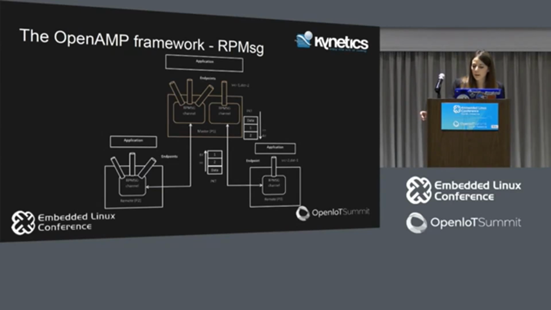From the higher level view, we have the rpmsg component design here. Each remote core in the rpmsg framework is represented as an rpmsg device and provides a communication channel through the master core. So the rpmsg device is also known as rpmsg channel, and it has an ID, which is a textual name that is used to identify each rpmsg channel. It has a source address and a destination address.